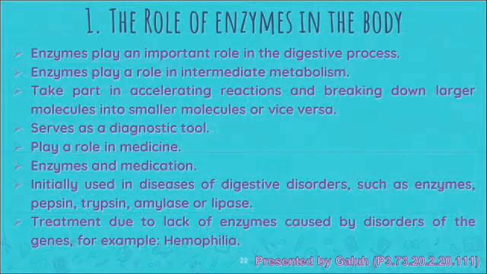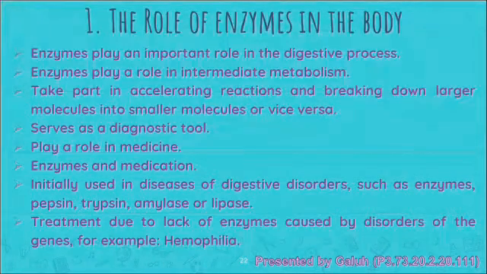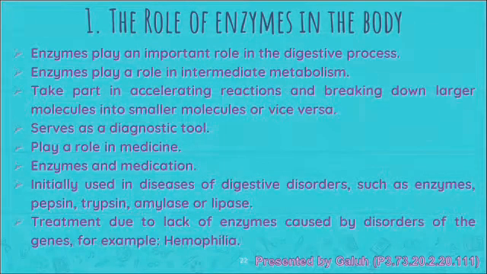Number 6. Enzymes and medication. Number 7. Initially used in diseases of digestive disorders, such as the enzymes pepsin, trypsin, amylase, or lipase. Number 8. Treatment due to lack of enzyme caused by disorders of the glands, for example, hemophilia.